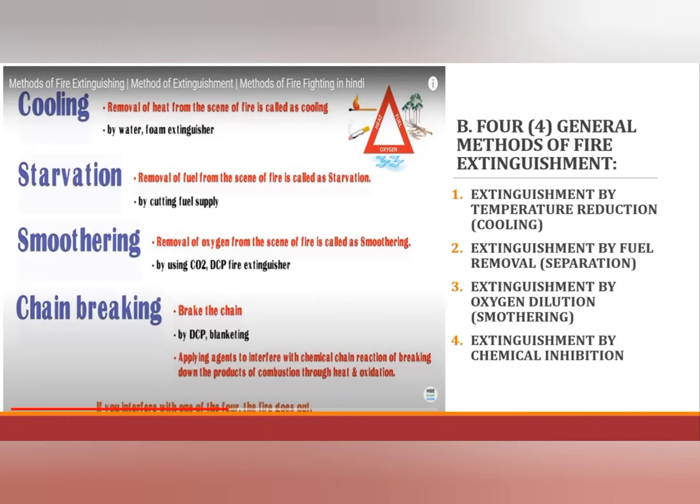preventing the production of flammable gas, removing the solid fuel at the fire path, allowing the fire to burn until the fuel is consumed. I already gave you various examples. How can we remove fuel?